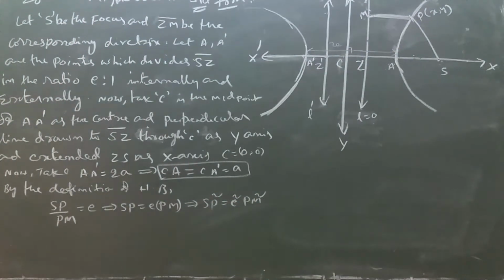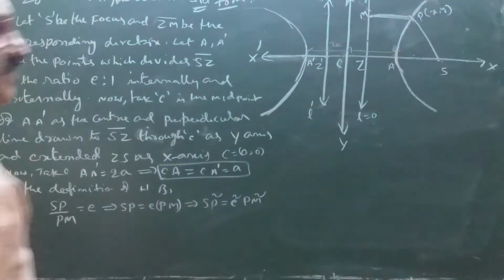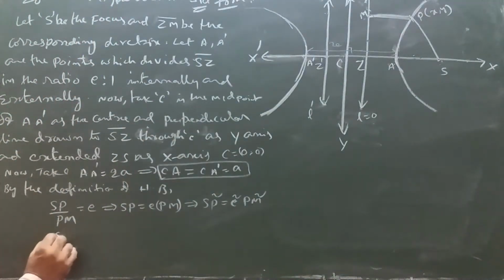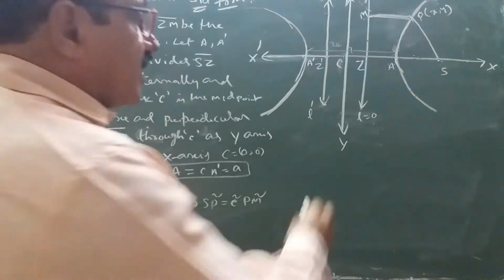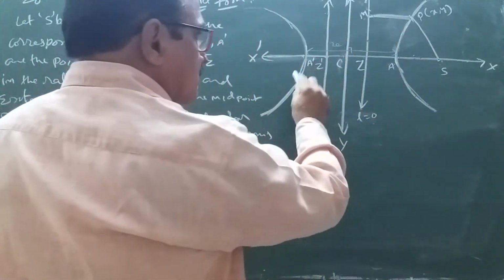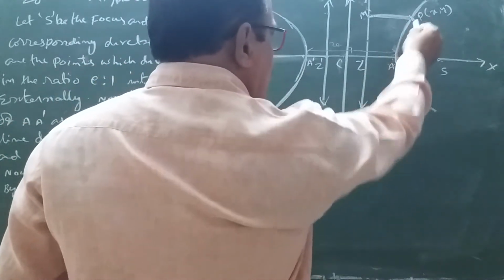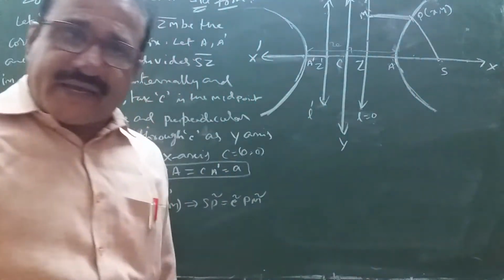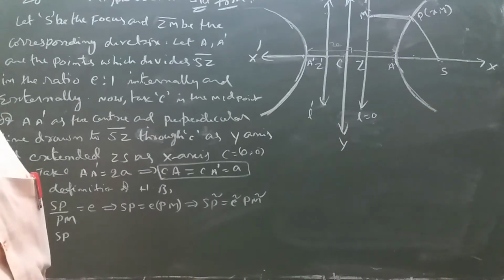Now here we have to observe one thing. A is a vertex of this hyperbola, so the point A also lies on the hyperbola.